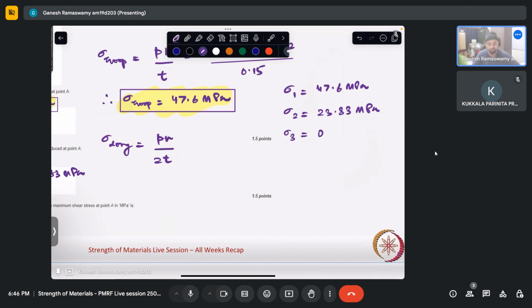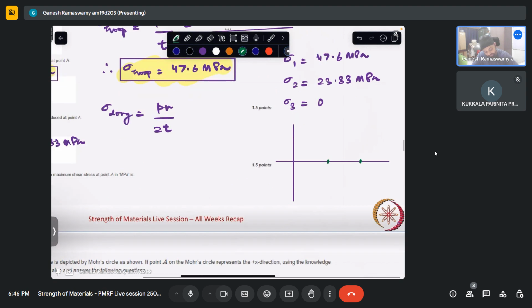So for this question, if I were to draw the 3D Mohr circle representation, so I have one point at 65, one point at 32. So this will be one of the Mohr circles, and this will be the other Mohr circle. Actually, this will be equal.